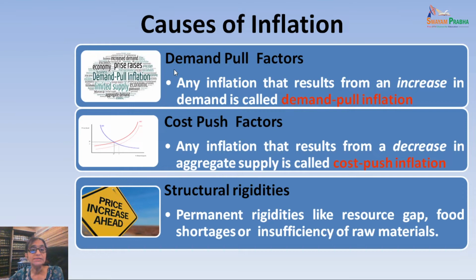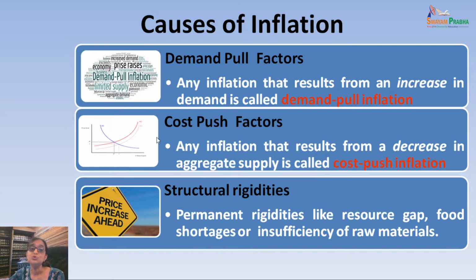So what causes inflation? Either it can be due to the increase in aggregate demand, which we have seen, according to monetarists, happens because the money supply increases, leading to people having more money in their hands. So it pushes up their aggregate demand, which leads to an increase in prices. Second, we are talking about cost push factors.